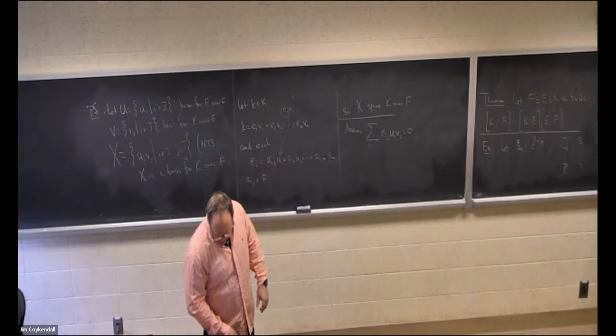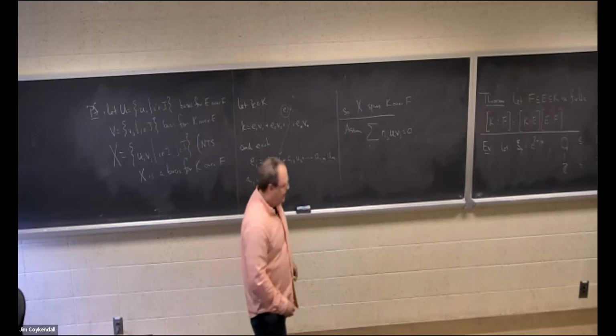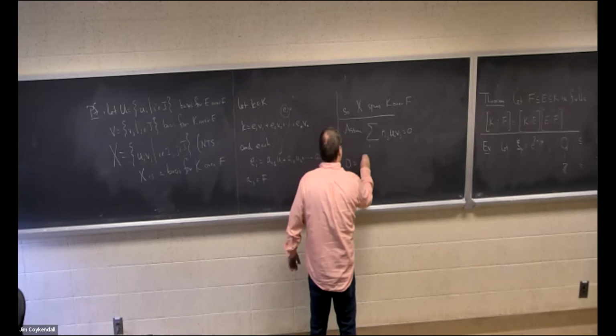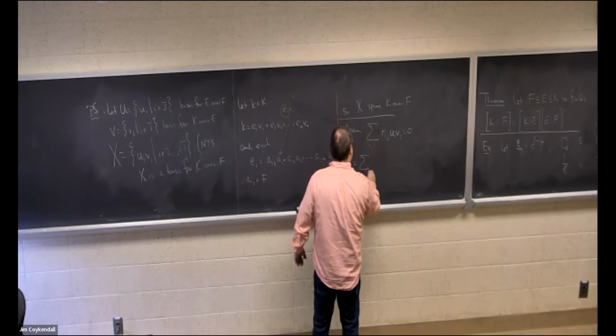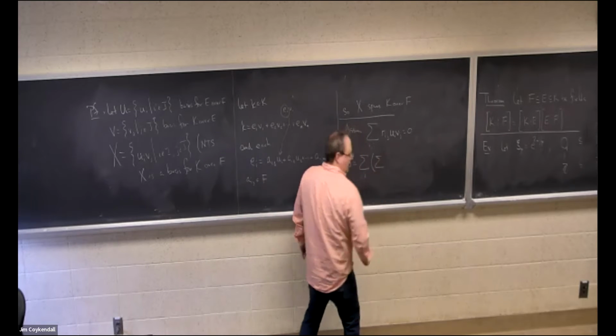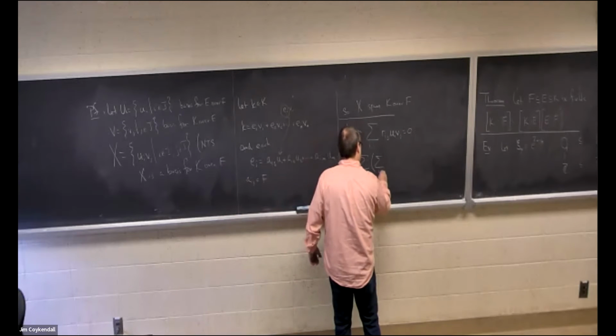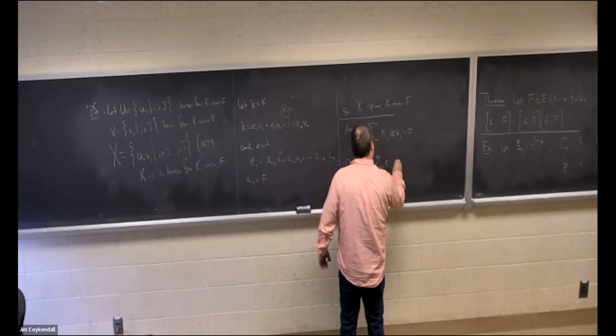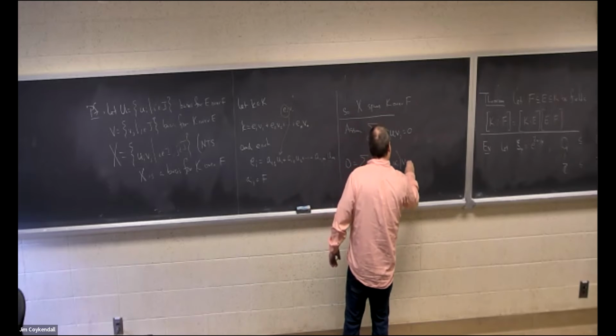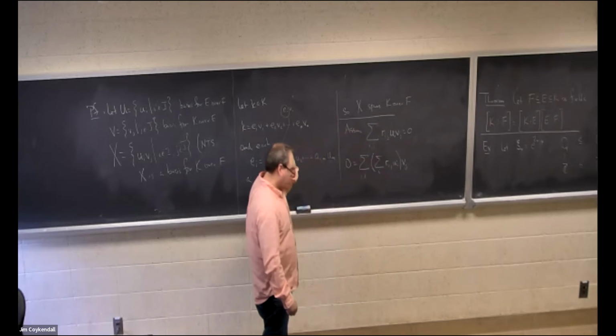I'm going to rewrite the sum as the sum over j, sum over i, r_ij u_i. Just rearranging this.